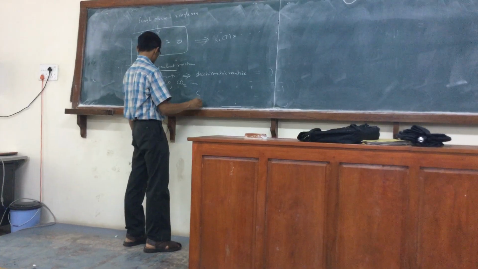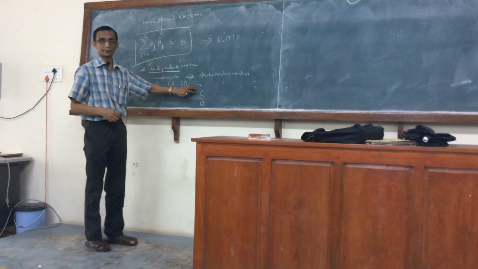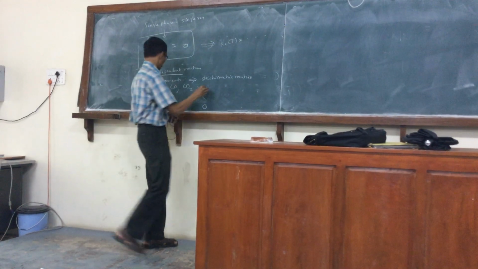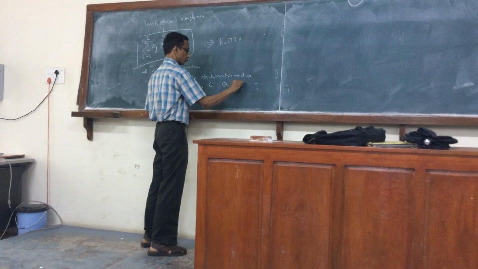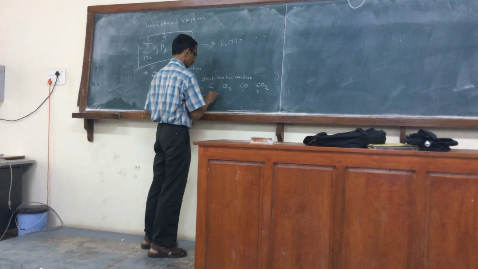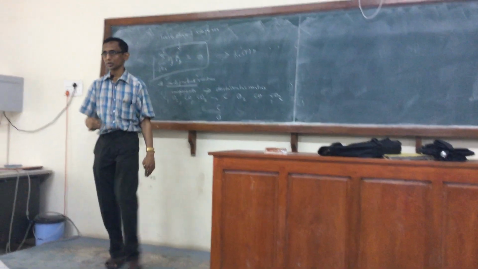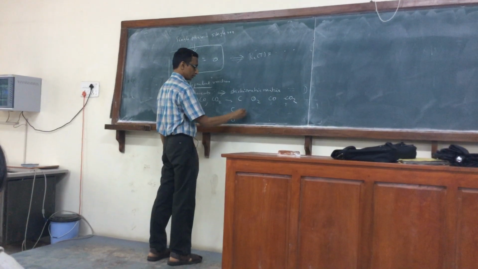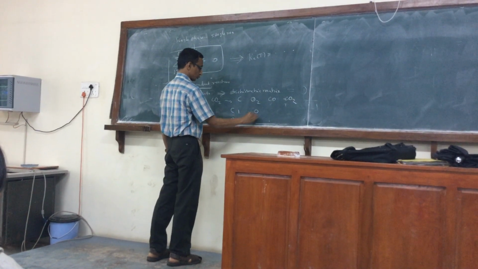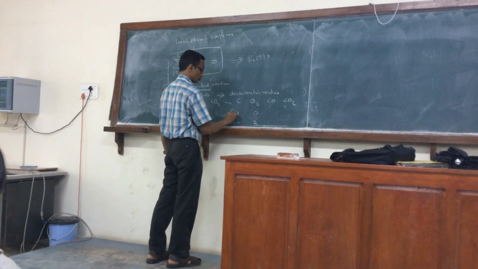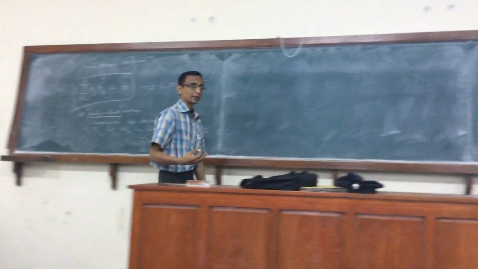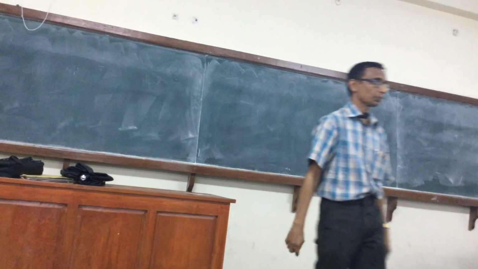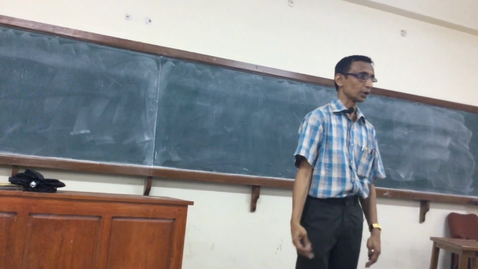So you put C and O, these are the elements. What we need to really look at is the elements in the various compounds. So I can put all the possible compounds and then construct the atomic coefficient matrix. So this would be 1, and for O2 of course it would be 0, and this would be 2, and so on. The rank of this matrix will give the number of independent reactions possible. So that is one way of looking at it.